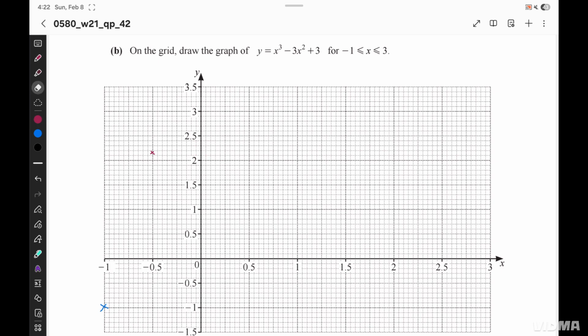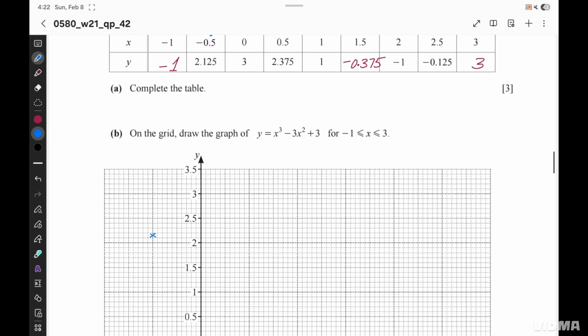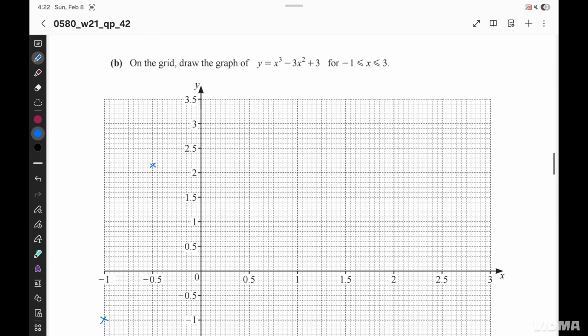Okay, next point, let me draw it with blue. Next point we have 0. For 0 we have y is equal to 3. So it would be here.